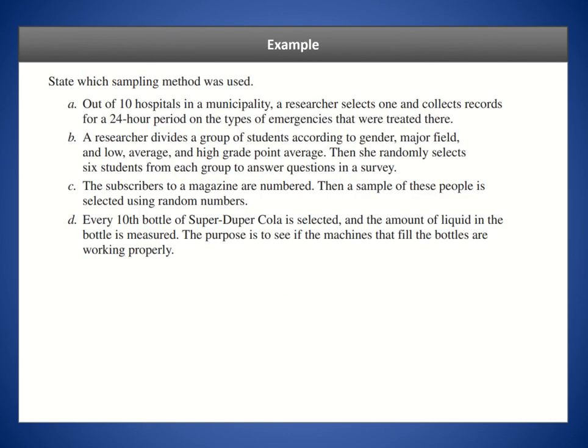All right, so state which sampling method was used. Out of 10 hospitals in a municipality, a researcher selects one and collects records for a 24-hour period. So you can think of the hospitals as groups, right? So we have groups of people. We have hospital 1, hospital 2, right? Hospital 3. So think of that as your groups. You have a bunch of people in those hospitals.